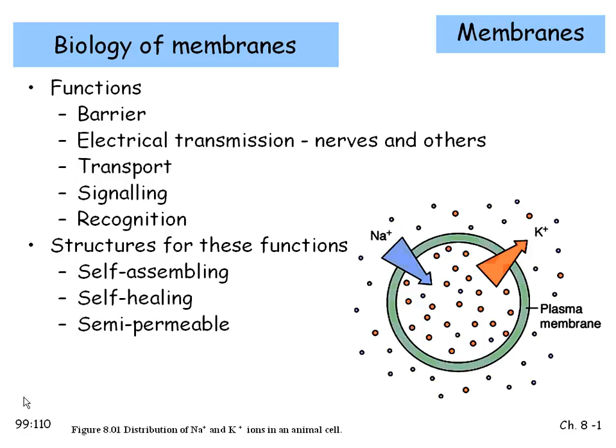As in all of biochemistry, the structures of the membrane will reflect their functions. So I've talked about some of those functions of the membranes. We're going to see the structural basis through which membranes can be self-assembling. There isn't some kind of little machine in there that turns out membranes for the cell. They're self-healing, which is obviously important to things like being a barrier. And they're semi-permeable.